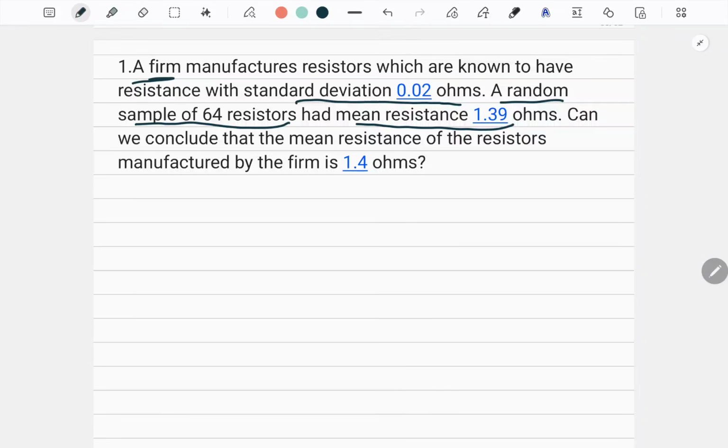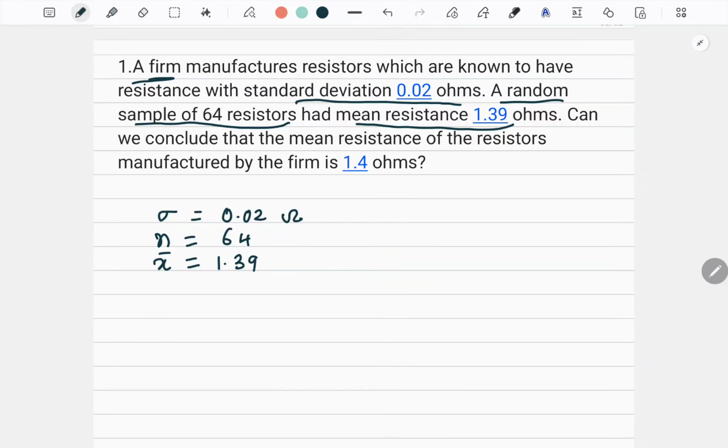So now you write down the information given. When they are talking about a firm, they said the standard deviation is 0.02 ohms, which means sigma is equal to 0.02 ohms. Correct? A random sample of 64 resistors means n is equal to 64. Had mean resistance 1.39 means x bar is equal to 1.39.